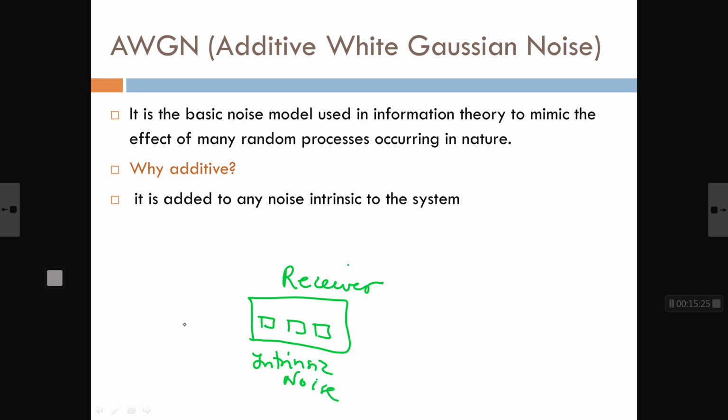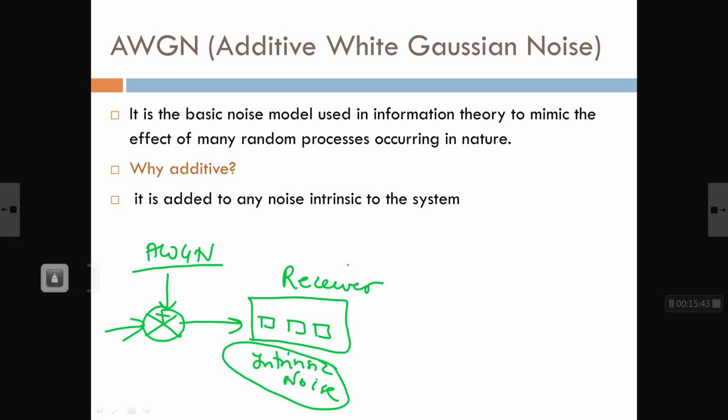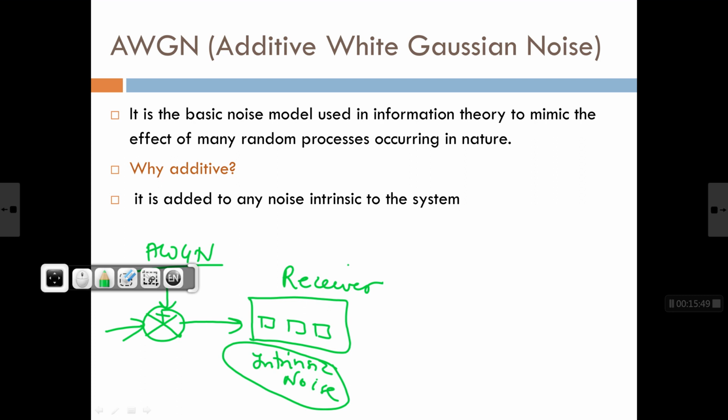And this noise comes from the external environment. So this AWGN noise is added to the signal and to the noise already present within the receiver. That is the reason it is called additive noise.